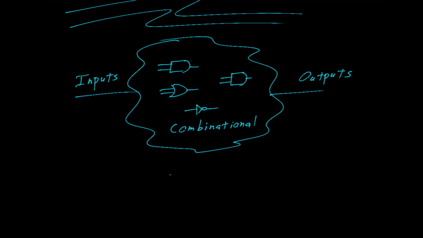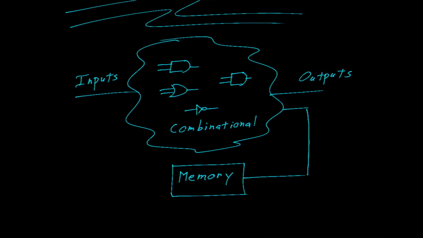But now we shift to sequential circuits by including memory. That memory typically takes one of the outputs from the combinational circuitry and routes it back to the input. That changes everything because the outputs are now dependent on the inputs and the contents of the memory.